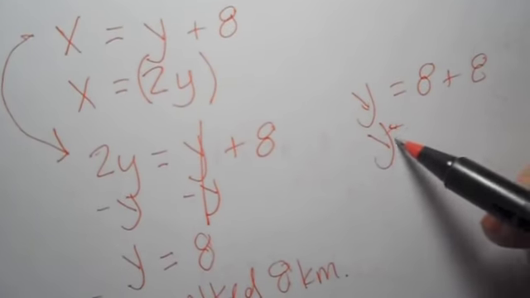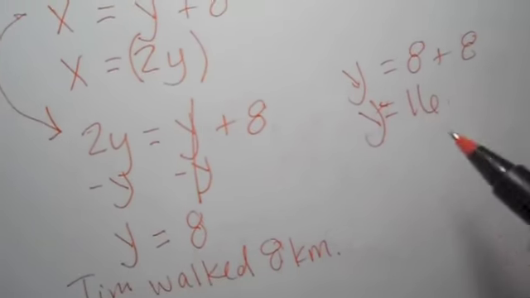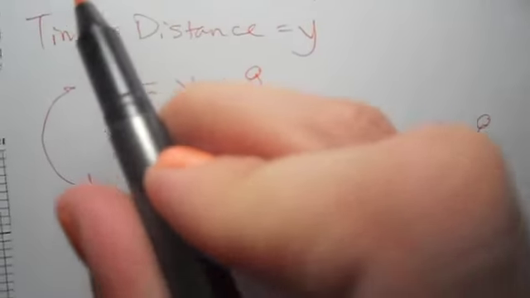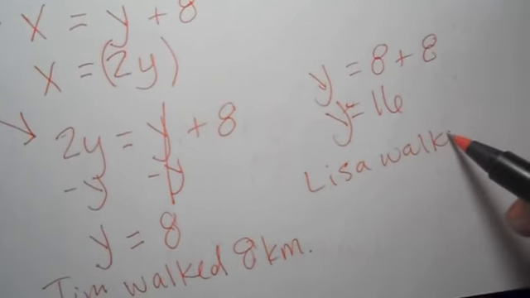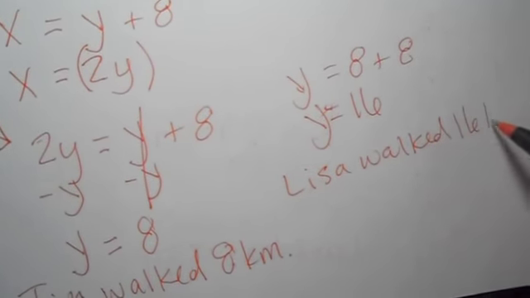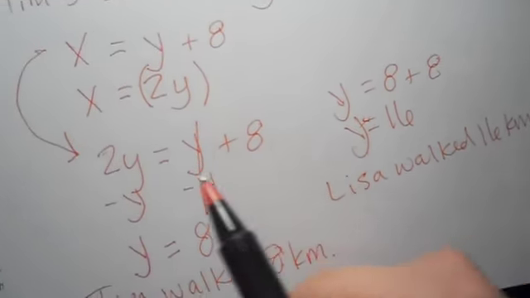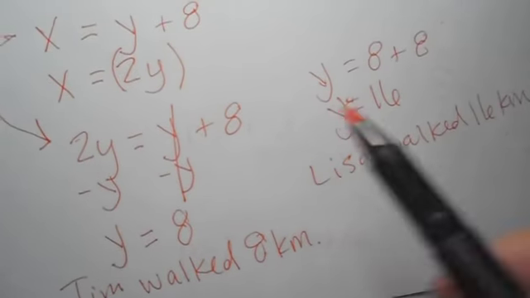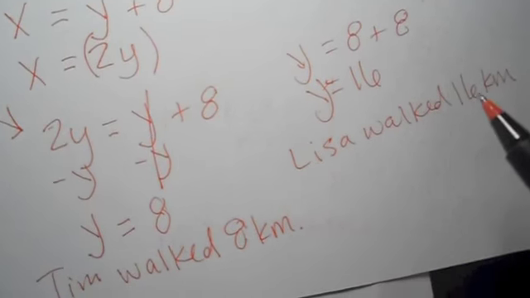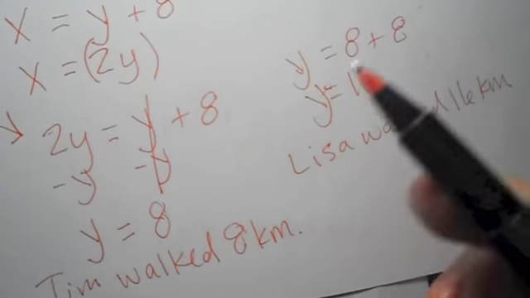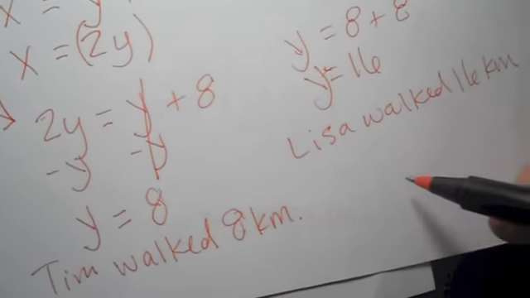So she walked 16. So Lisa walked 16 kilometers. We can check that. Is 16, this X, twice as far as Tim? Is 16 double 8? It definitely is. And that's our answer.